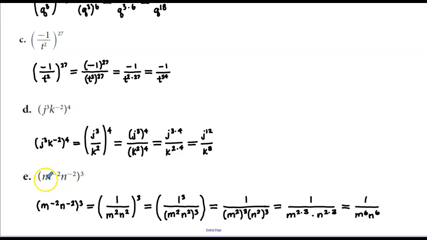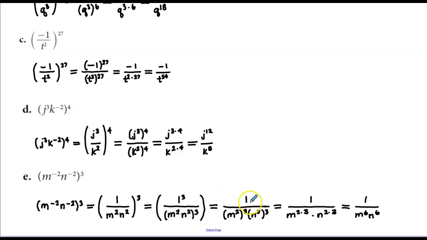In part E, we have m to the negative 2 times n to the negative 2 raised to the 3rd power. Since they both have negative exponents, we can take the reciprocal of both of them, and we're going to get 1 over m squared n squared, and those are now positive exponents, raised to the 3rd power. So now we're going to get 1 to the 3rd power, and then we're going to have the denominator m squared n squared to the 3rd power.